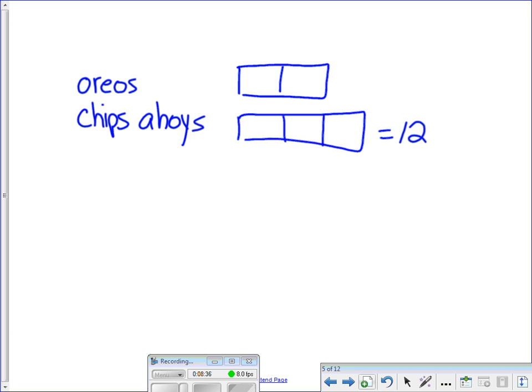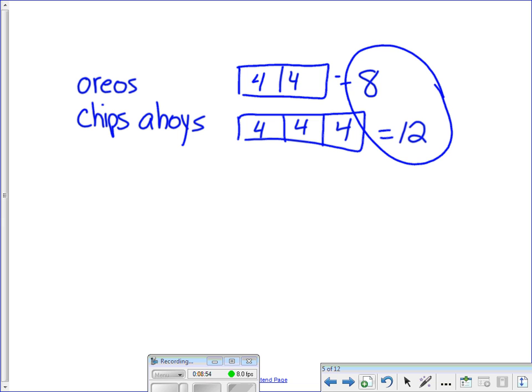If I had to take this 12 and spread it out into those 3 boxes, what would my constant be? 4. So how many Oreos? 8. Okay? We're good with that? So now what would be my total number of cookies?